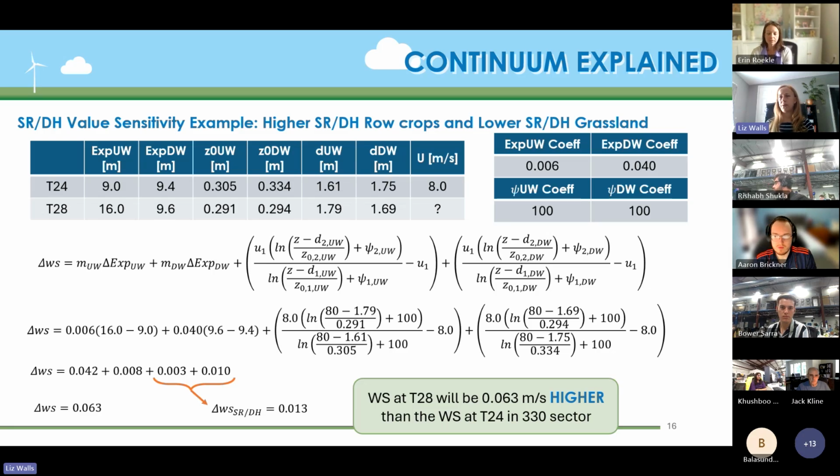So by raising that value, it affected the average roughness at both sites and actually reduced the expected difference in wind speed between the two sites. So we thought that was pretty interesting. With that increased roughness in the row crops and smoother grasslands, it actually estimated a more common wind speed between the two sites, less of a difference due to the changes in roughness and displacement.